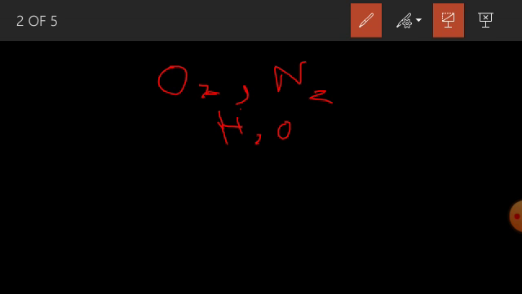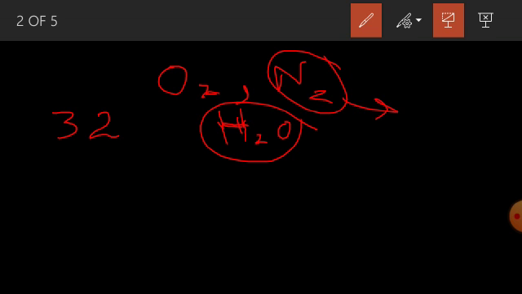So if molecules of nitrogen or oxygen are replaced by H2O, then it means that density of the air becomes less, as O2 means atomic mass 16, 16, 32, and this is N2. So atomic mass of nitrogen is 14, 14, 28.